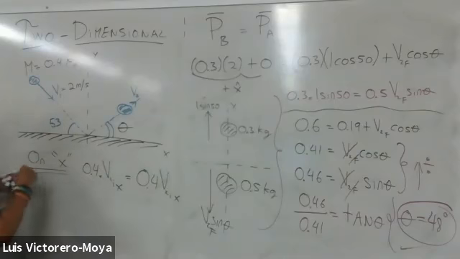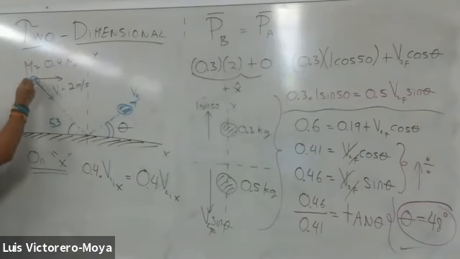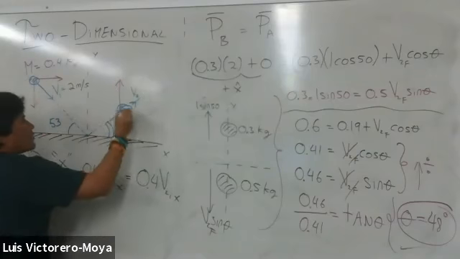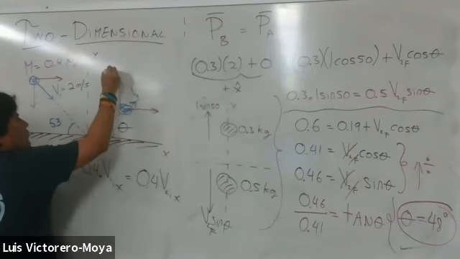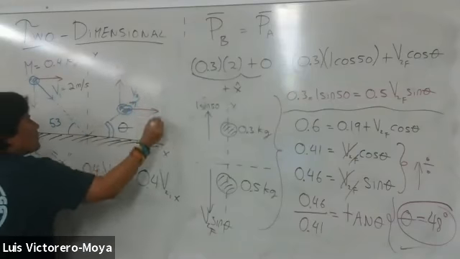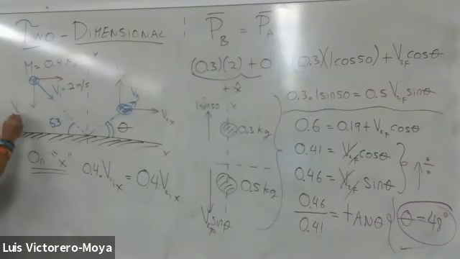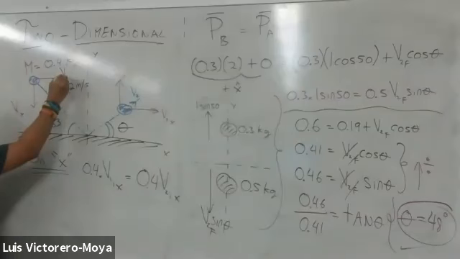But what's V1x? You have V1 in this direction, but also going like this. And here you have V2 in this direction, but also going like that. So this is V2y, V2x, V1y, V1x.